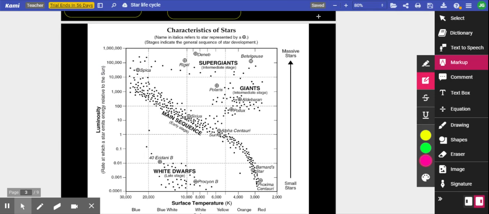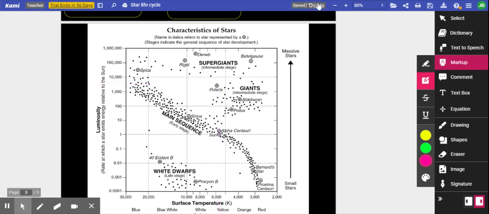Say you're given a star, such as Polaris. All you have to do is find Polaris in the chart, make a straight line down to the x-axis to find Polaris's temperature and color, and make a horizontal line straight over to the y-axis to find Polaris's luminosity.